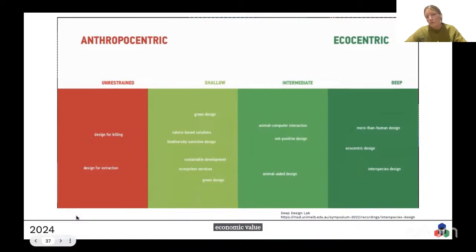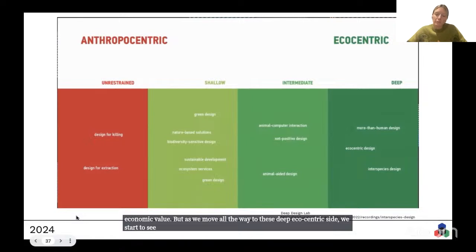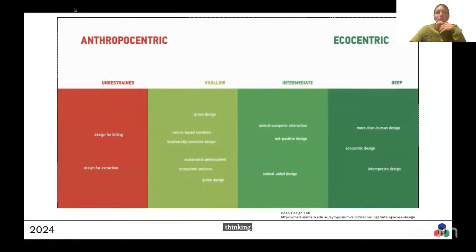But as we move all the way to this deep ecocentric side, we start to see that if we really push the depth of what distributed design can do, we also move towards a more than human or interspecies space of design, where we start questioning many of the influences that are available to us and that we can open our minds, hearts, design thinking to when we start looking at a DIDO context.